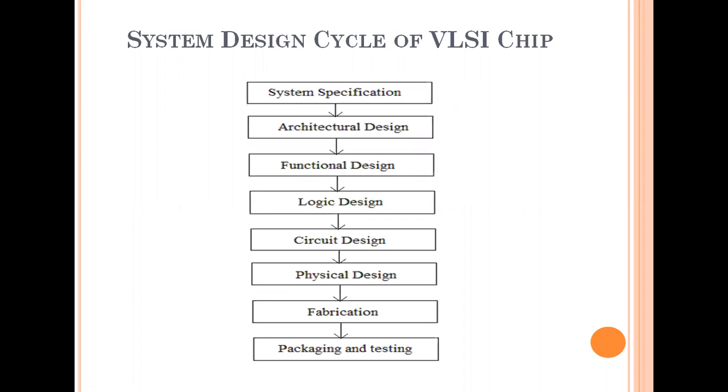It may be simulation tools. Suppose the functional design is there, so it will be verified with functional tools. The logic design is also verified, and so are the circuit design and physical design. All these design steps should be verified by their specific tools, which may be simulation tools. After completing the verification of all the design steps, the last stage is the fabrication.